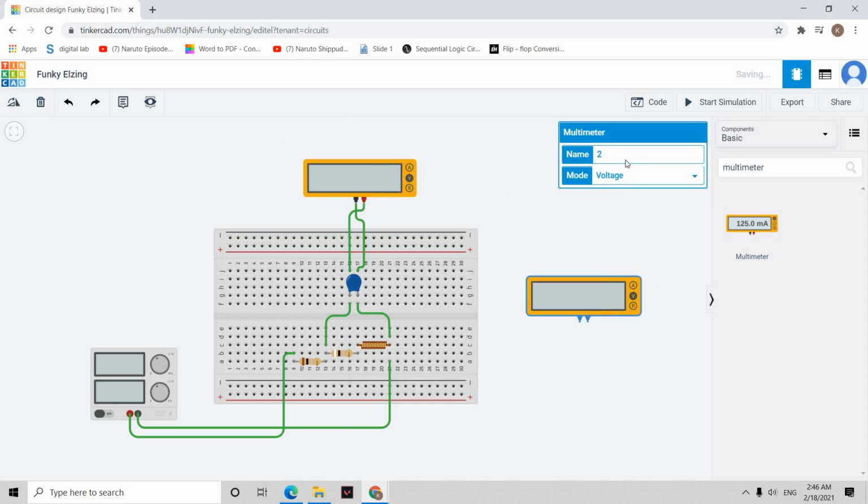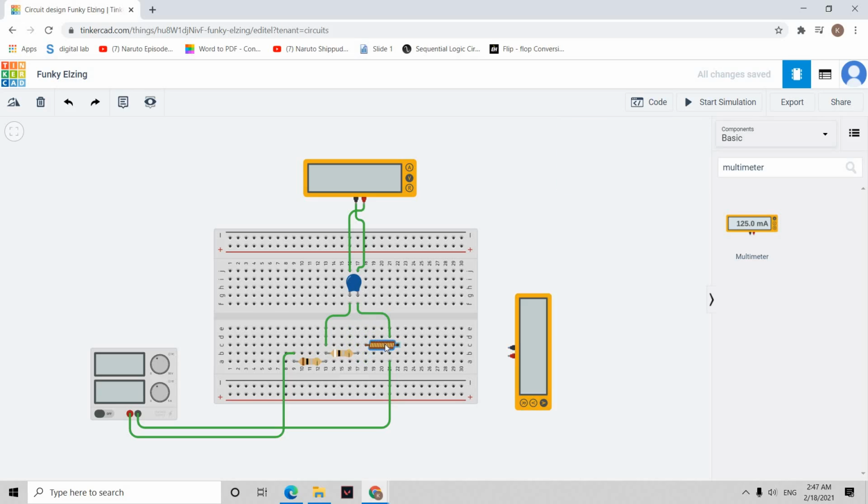Then we're going to use this multimeter as an ammeter. I'm going to rotate it. For this ammeter, I'm going to connect in series with these two resistors and the inductor, so I'm going to move the inductor a bit further.